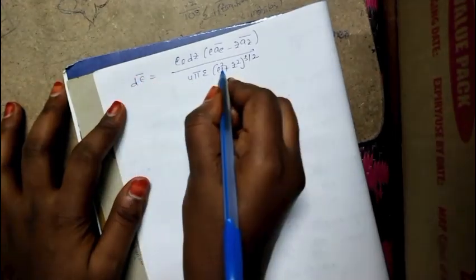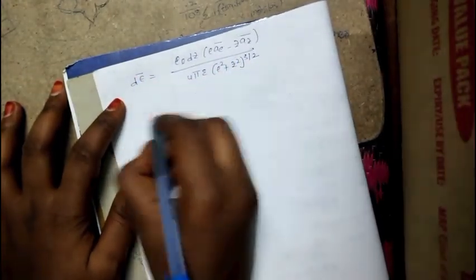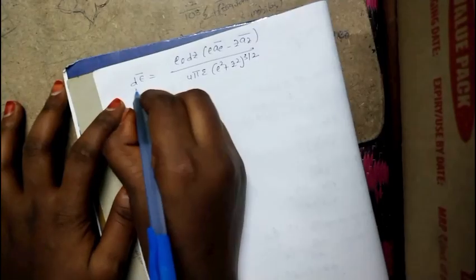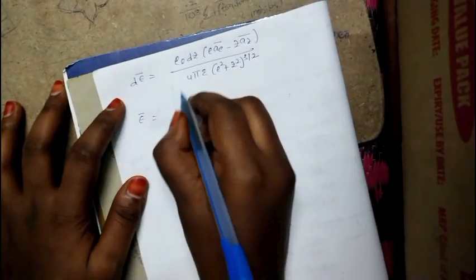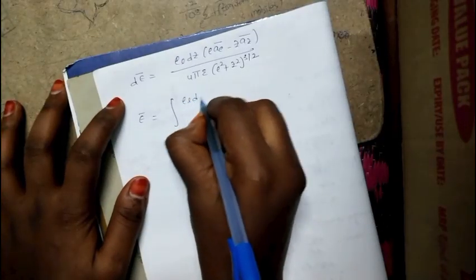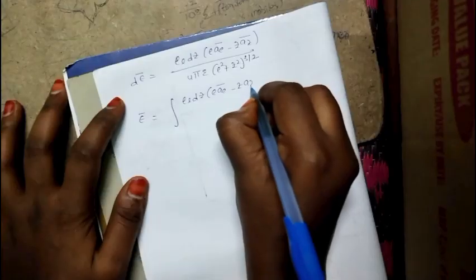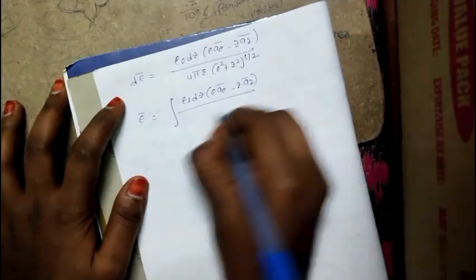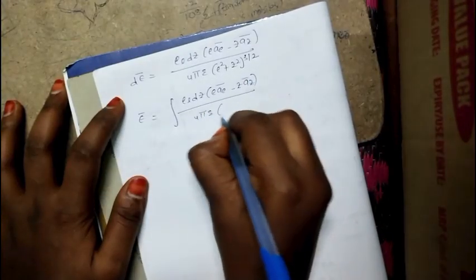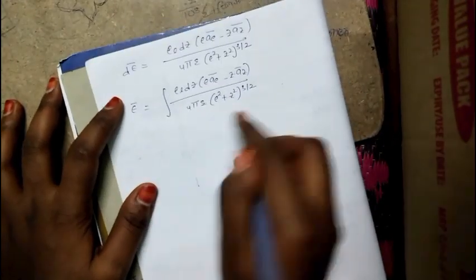This d we have to shift, and this converts into integration. Next, rho L dz (rho arrow bar minus z az bar) by 4 pi epsilon (rho square plus z square) to the power 3 by 2.